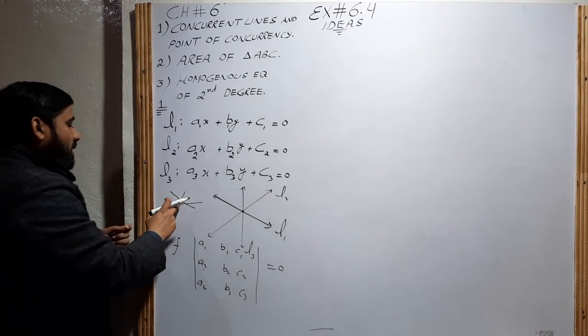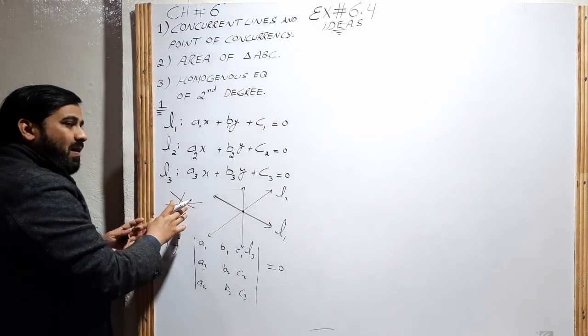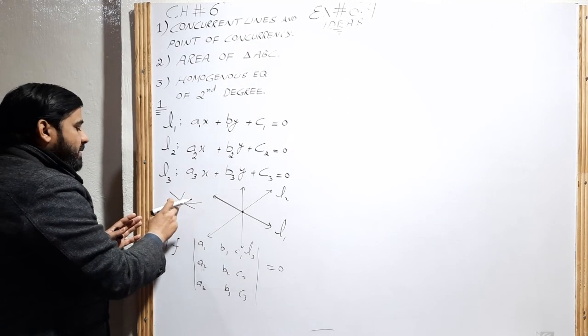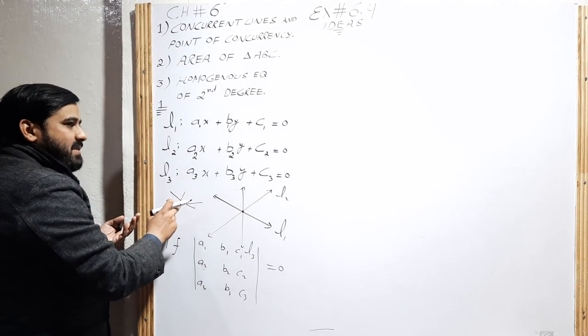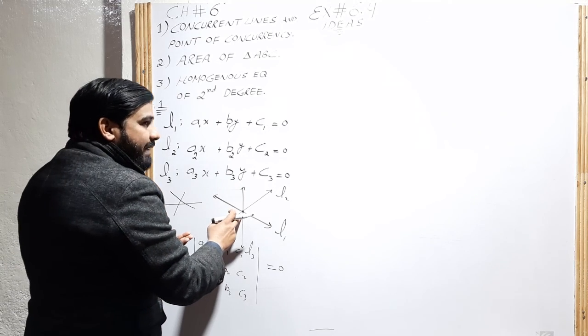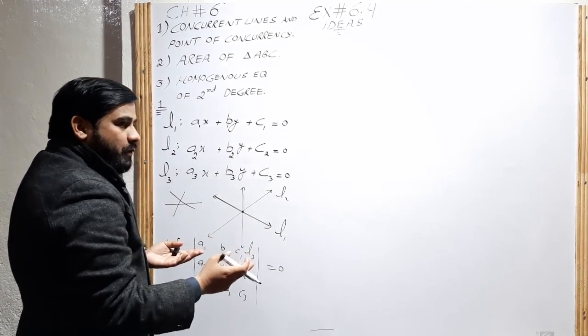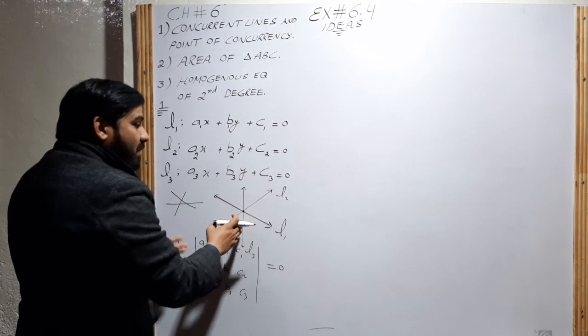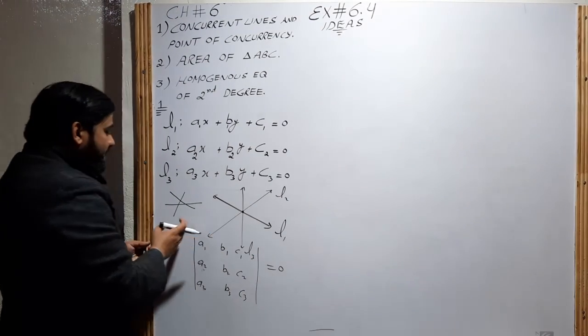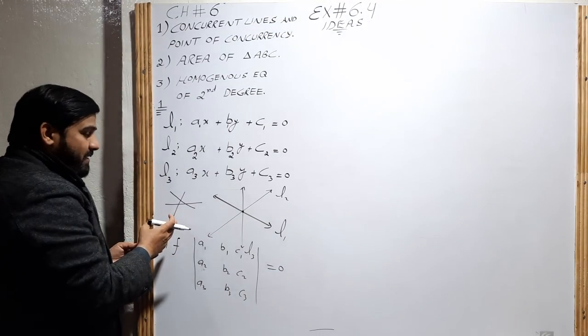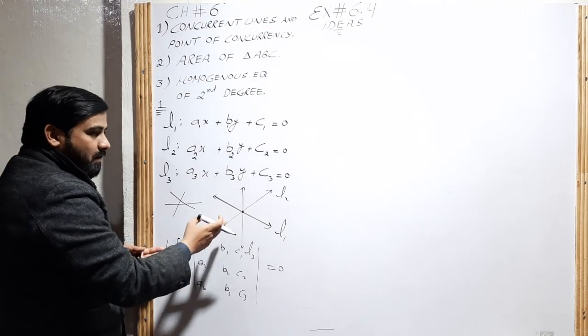In this case the lines form a triangle and there must be an area, but in this case there is no area. It means that in this case the area is equal to 0 and the lines are concurrent. It is obvious, crystal clear from the graph.